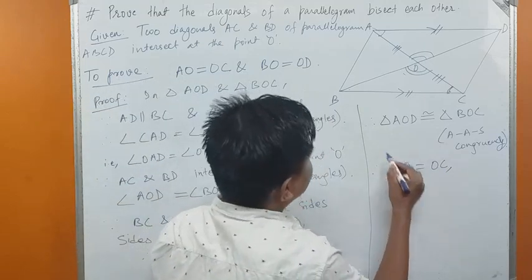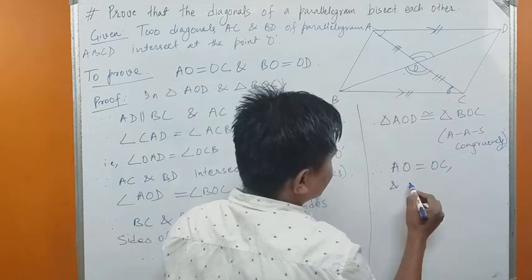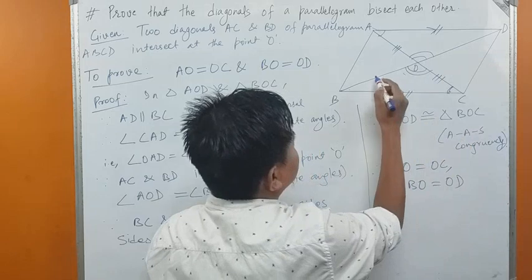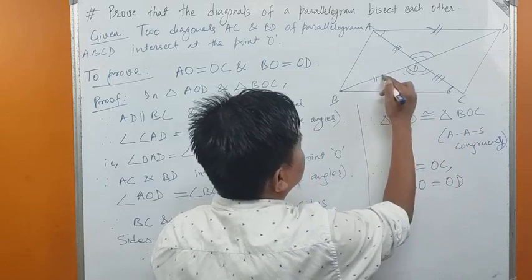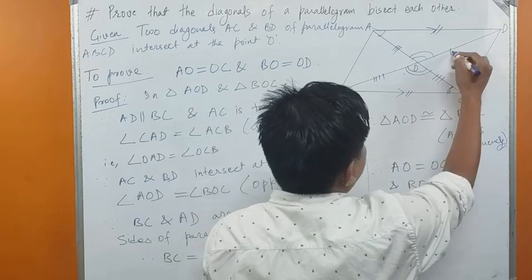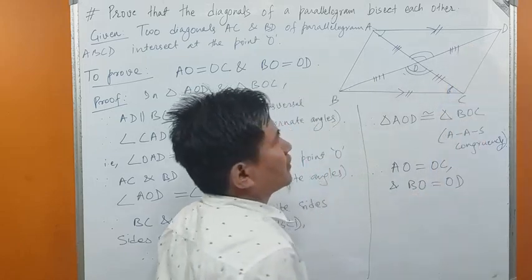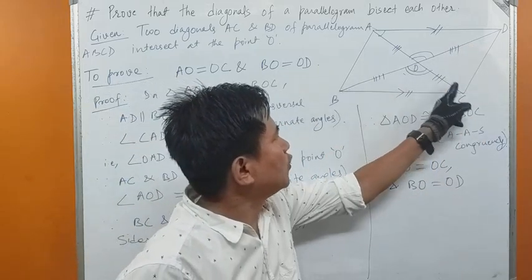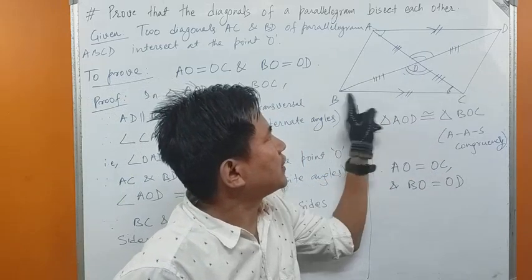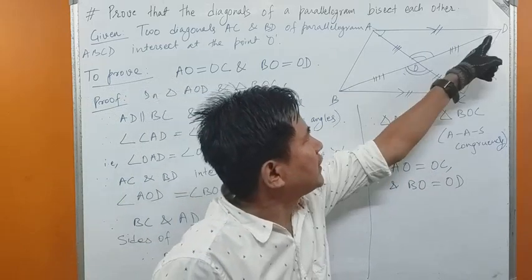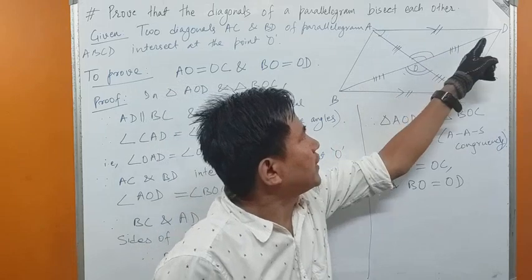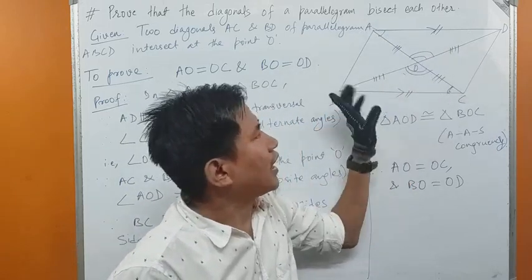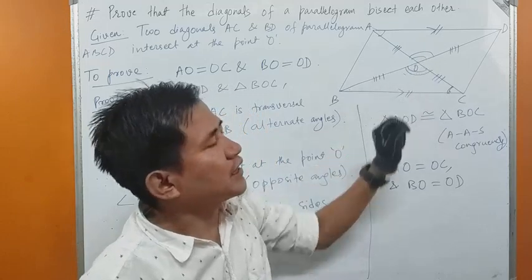Similarly, BO and OD are also equal. BO equals OD. BO is the side of triangle BOC, and OD is the side of triangle AOD. AOD and BOC are congruent triangles, which means their sides must be equal.